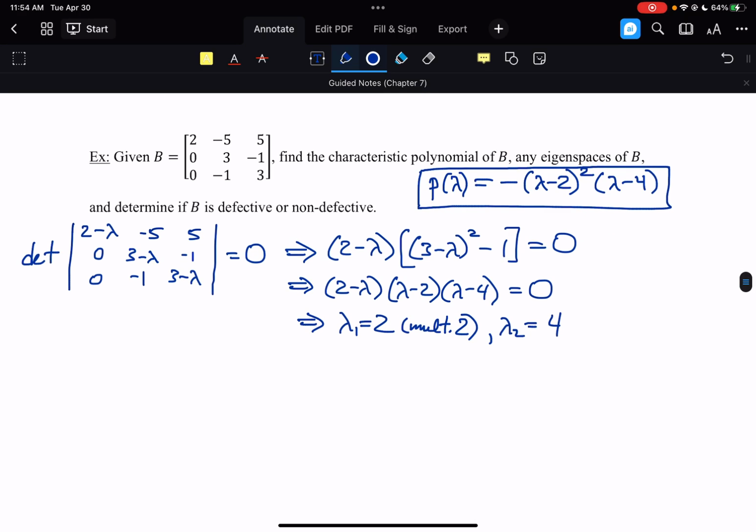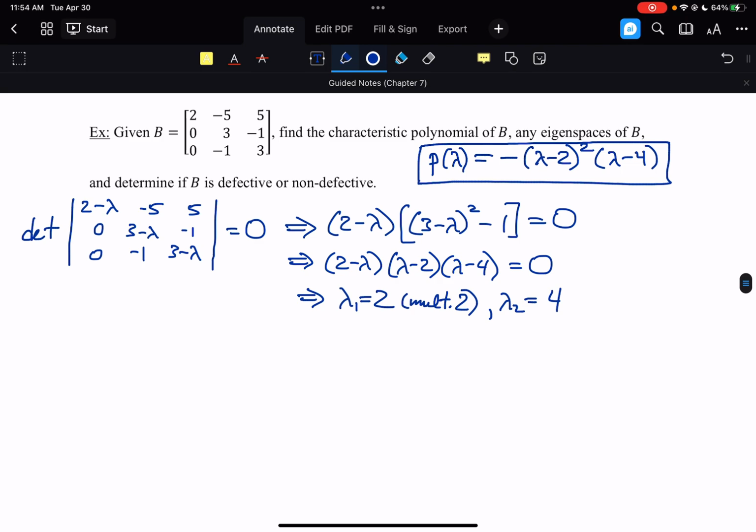So that's our characteristic polynomial. Now to determine the eigenspaces and defective or non-defective, we're going to start looking here.